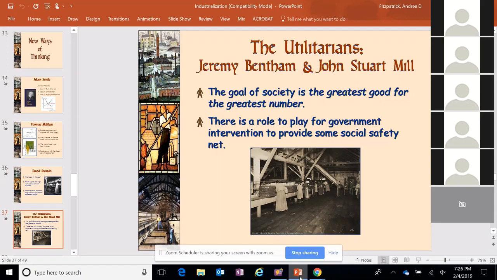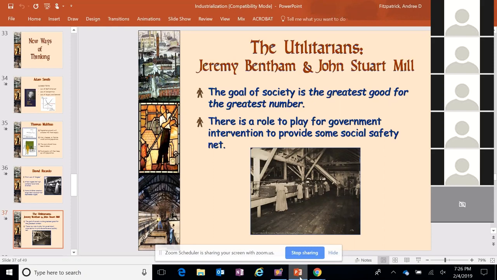On the left side of the response to the Industrial Revolution were people like the utilitarians and then the socialists. I didn't get a chance to have you look at the fourth document we were going to look at in our debate, but it was going to be a document from Jeremy Bentham, who was a utilitarian, as was John Stuart Mill.